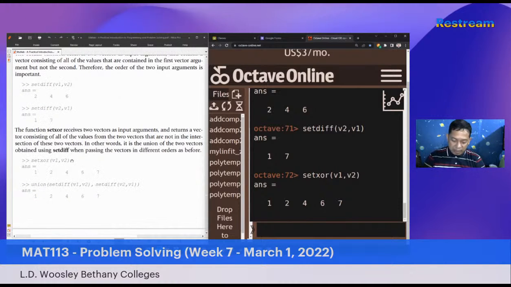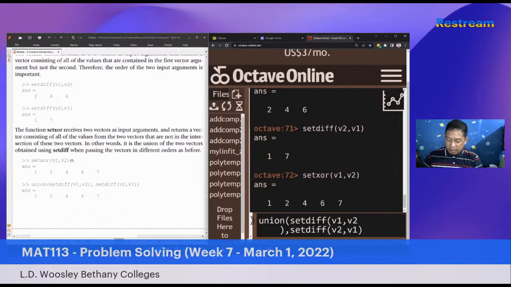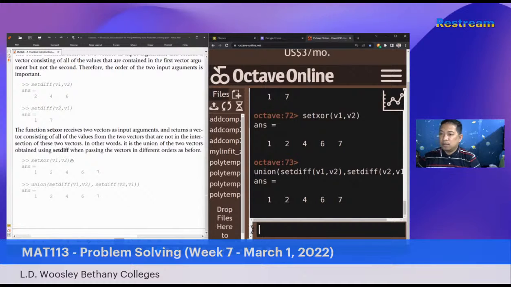So pwede rin natin gamitin yung salitang union, the previous command, of the setdiff of B1, B2 and setdiff B2, B1. Yeah. Right. So the same, 1, 2, 4, 6, 7.